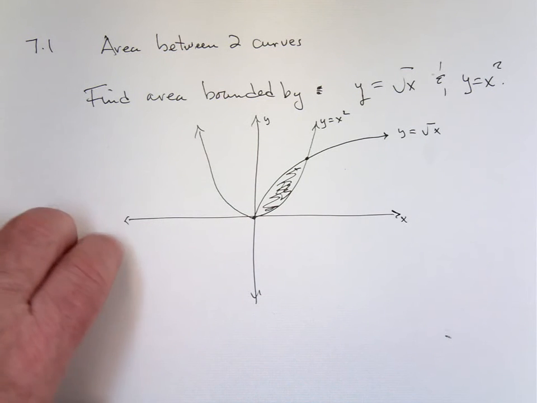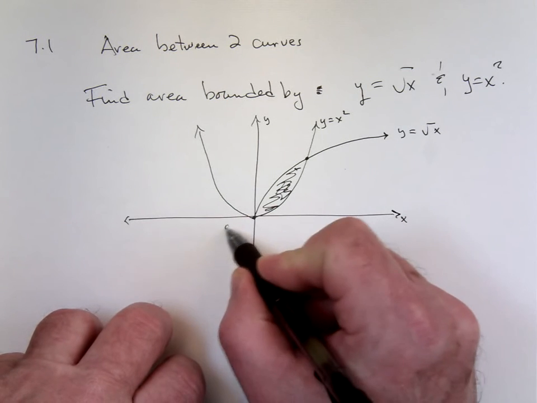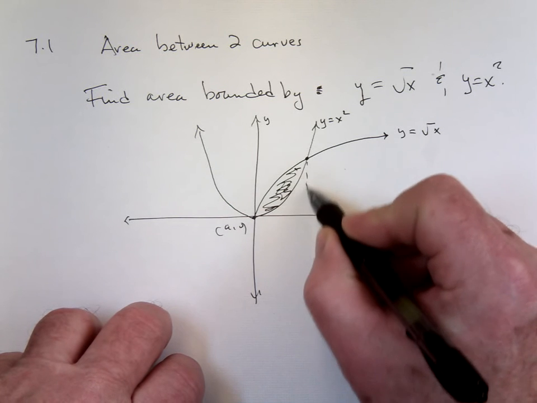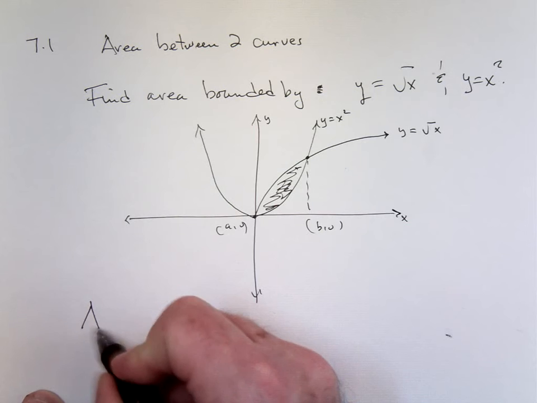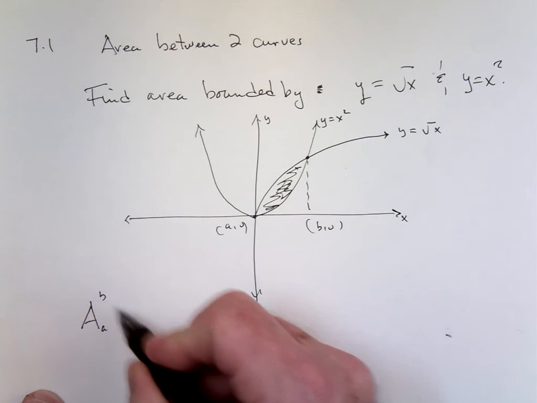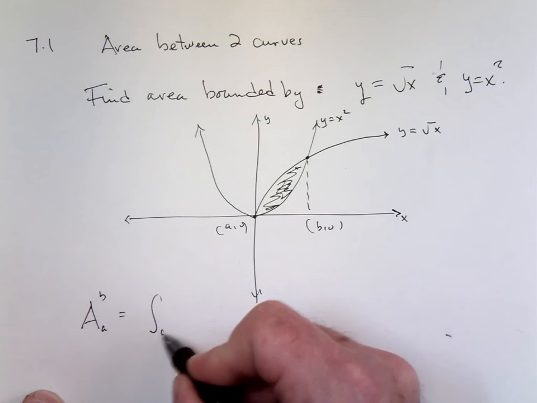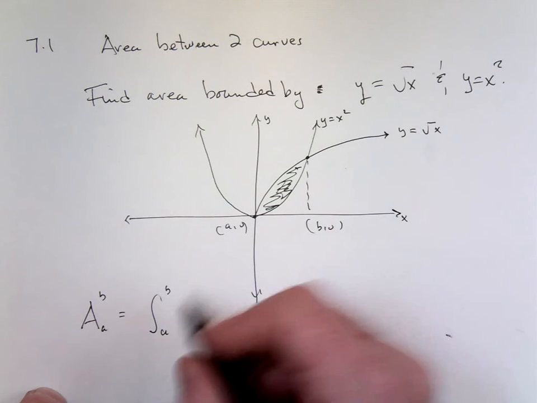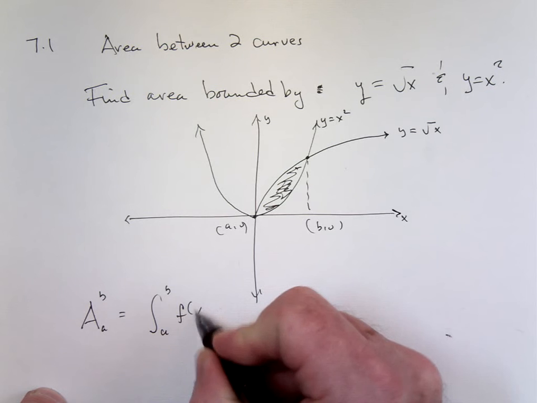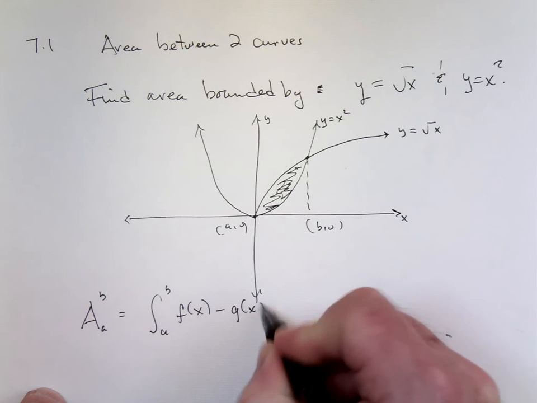Let's say this is A, this is B. In general, the area from A to B bounded by the two graphs is going to be the integral from A to B of the top function minus the bottom function. Okay.